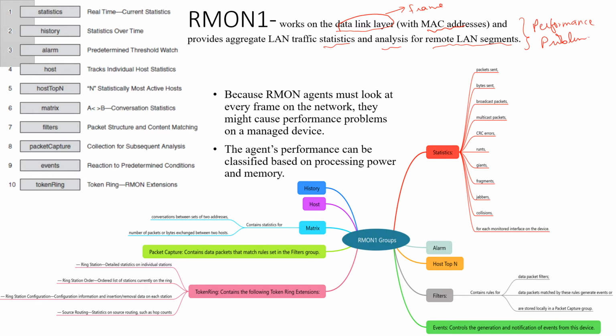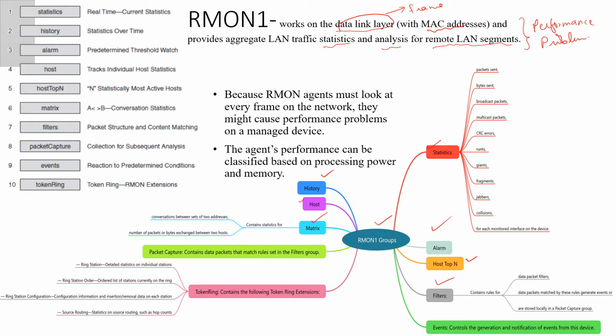So let us see the RMON groups. Here, different groups are shown for RMON: statistics, alarm, hosts, filters, history, host top N, matrix, and so on. Packet capture, token ring, these are the different groups. Initially we start with statistics.